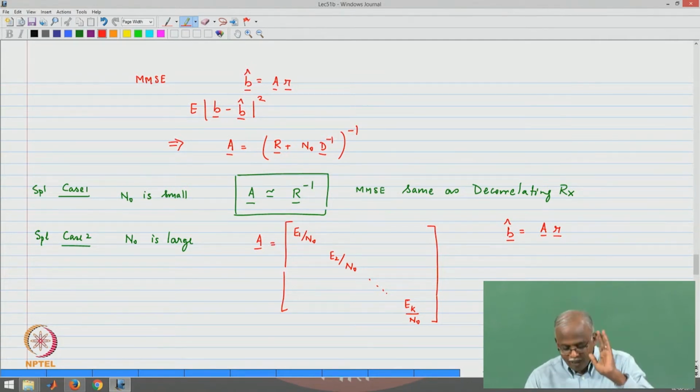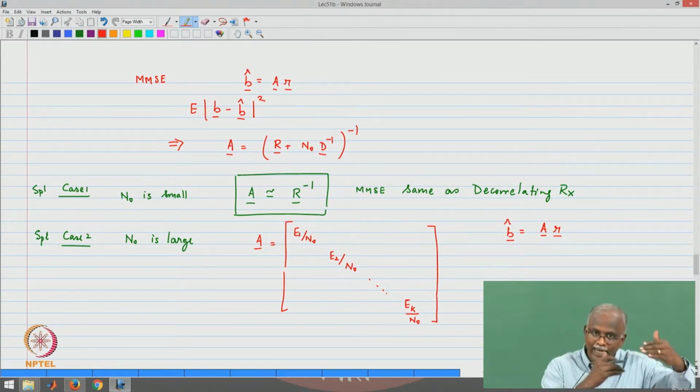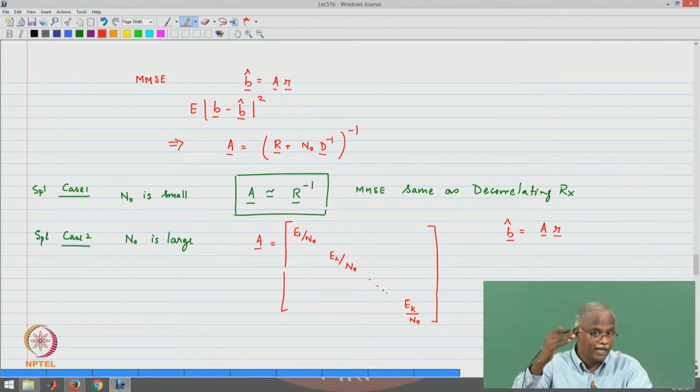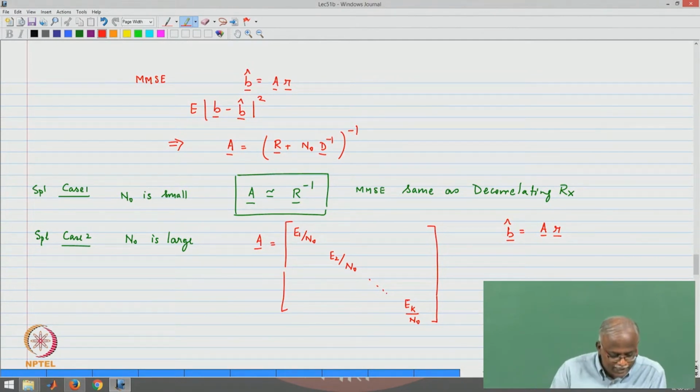It says B1 based on the output of R1, B2 based on the output of R2, because any attempt to do the suppression of the multi-user interference ends up further degrading the noise and not giving us any additional benefit. So basically these are both the special cases, one where N naught is small and the one where N naught is large. Both of them give us a good explanation of why the MMSE receiver works in both these environments.